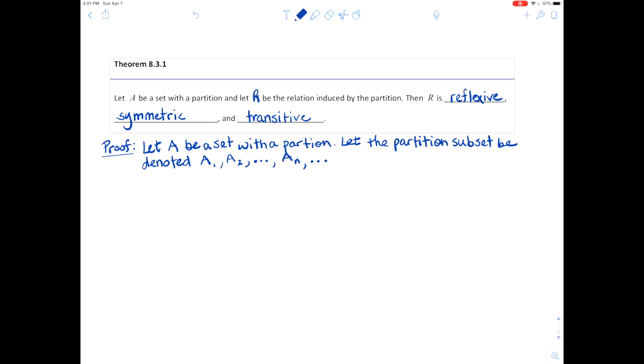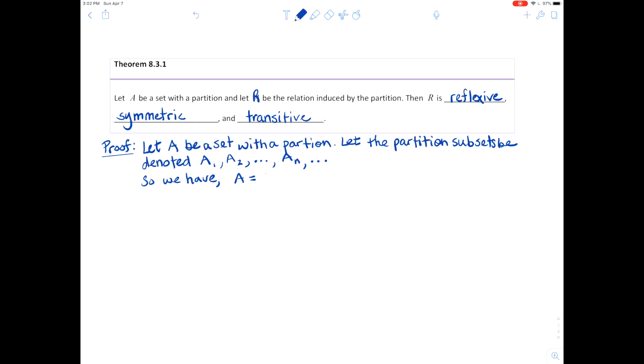So we have a couple of things from this partition business. We know that A is going to equal the union of all of these.